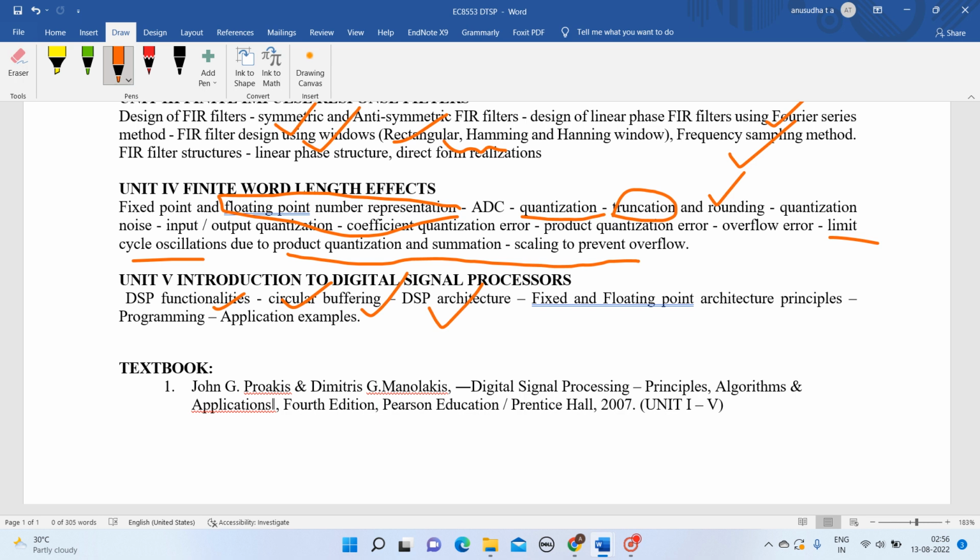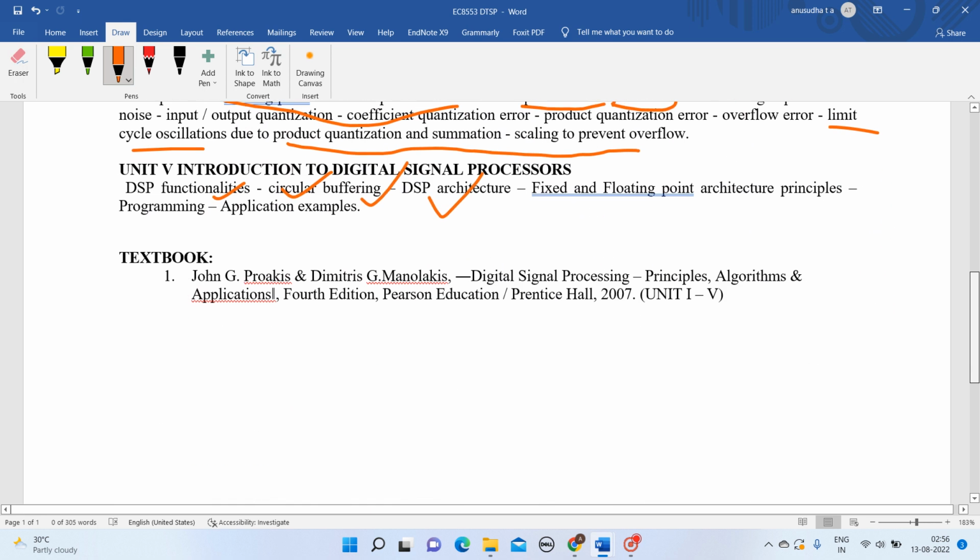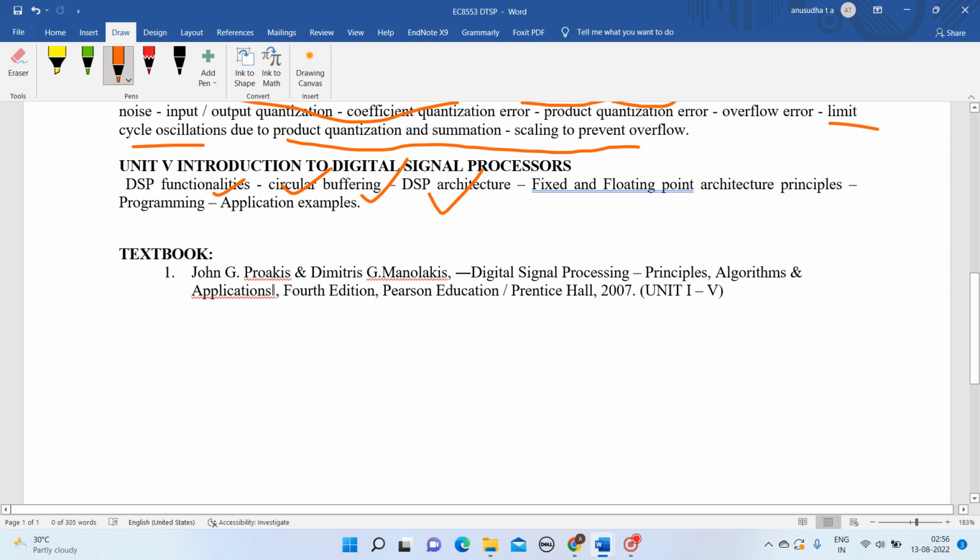For DSP, the textbook you have to refer to is Proakis and Dimitris. This is a very standard book. You can refer to this book, and also refer to Indian author books in order to understand the concept and the exam point of view.